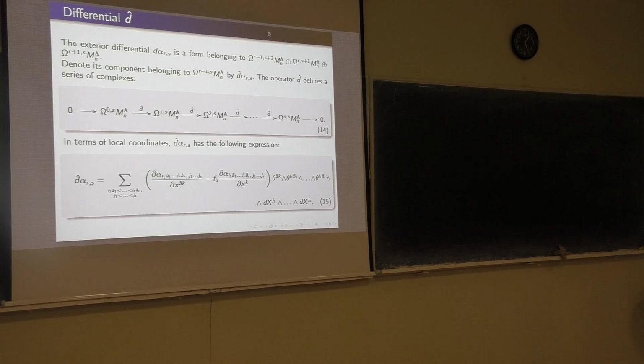And taking the component of the exterior differential of the type R plus 1, S, such that the increase of degree of the form is only by theta components, we get the differential, and that forms a differential complex.